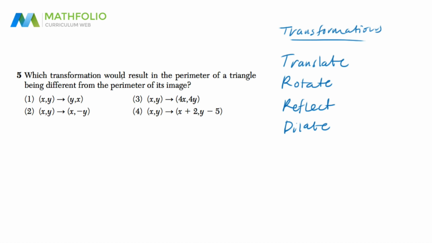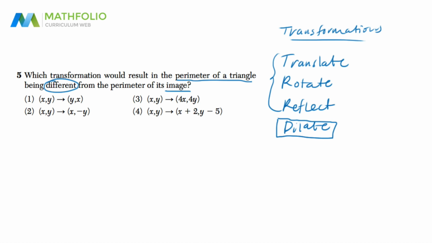So it says, which transformation would result in the perimeter of a triangle being different from the perimeter of its image? So if you do any of these 3, they're rigid motions. They keep all the distances the same, so distance is preserved. Another word for rigid motion is isometry. However, a dilation changes the size.